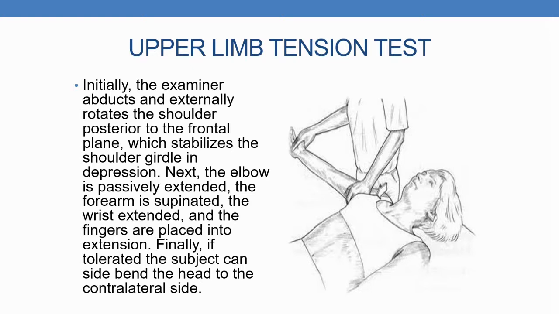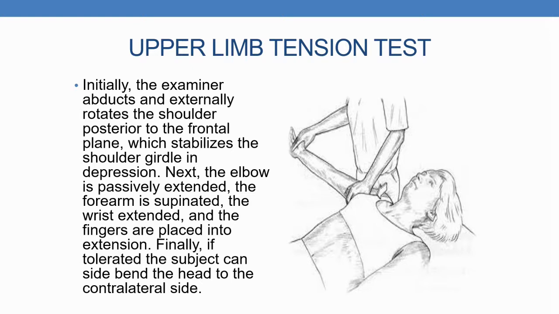Then you stabilize the scapula in depression, thereby beginning the first level of traction of the cervical spine nerve roots. So we initiate the traction of the cervical spine nerve roots by depressing the scapula.